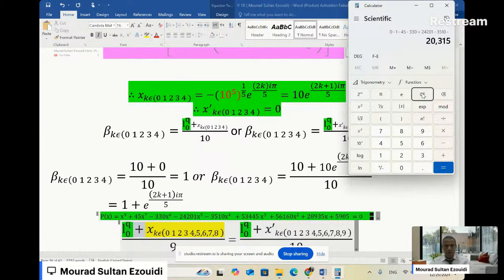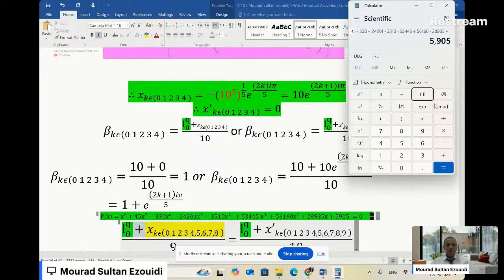Then minus 53,445. Then plus 56,160. Then minus 28,935. Plus what?